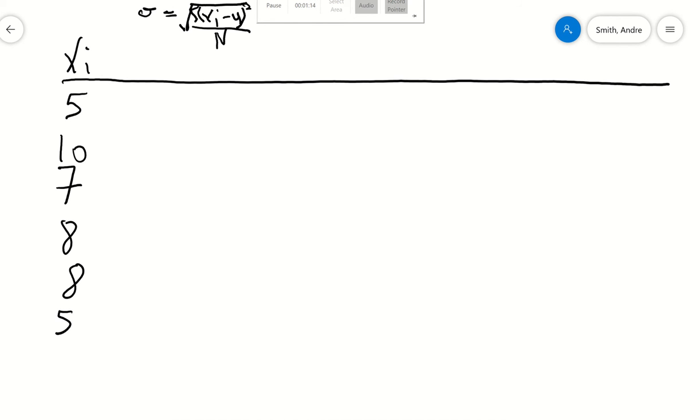And we've got to remember to put our sigma in there, which means that we have to add all of our numerator up, right? So let's go with step number 1.